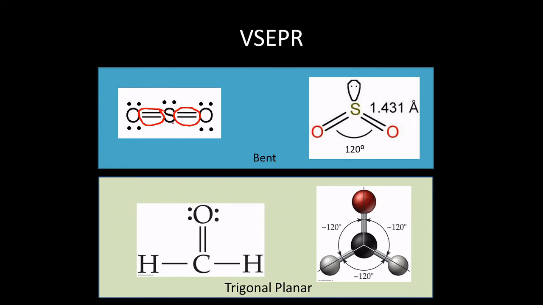And single, double, and even triple bonds only count as one group. So we have two bonding groups and a lone pair group. With those three groups, the farthest away they can get is being in a plane together. So they're all in the plane of the screen, if you will. They're in a plane together, and they're 120 degrees apart.